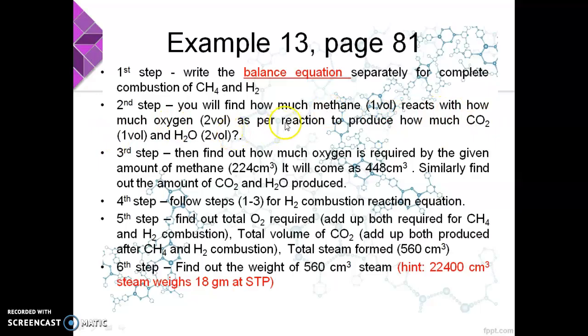As per reaction, you will find 1 volume of methane reacts with 2 volume of oxygen to produce 1 volume of carbon dioxide and 2 volume of water. So the third step is to find out how much oxygen is required by the given methane, that is 224 cc. You will find it is 448 cc. Similarly, find out how much CO2 and H2O is produced.